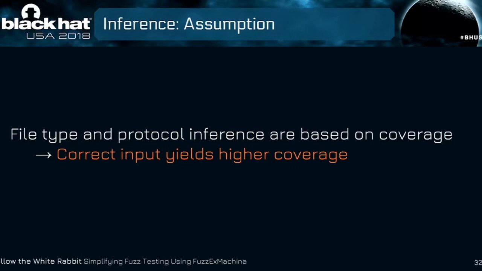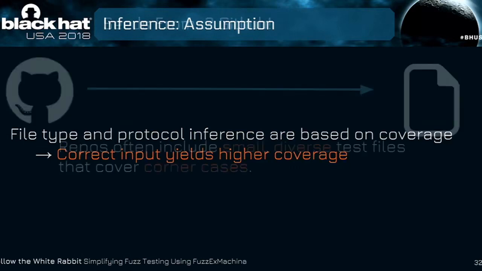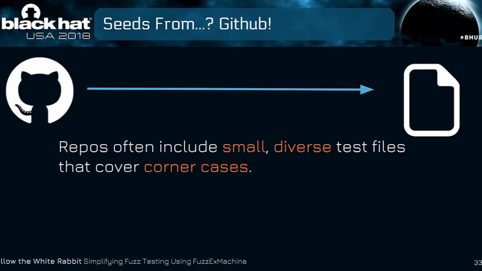So to identify this, the algorithm we employ is based on coverage, and we do this under the assumption that the right file type yields higher coverage. All right, but before we can implement this, we need to acquire a set of sample seed files. We decided to crawl GitHub for that.